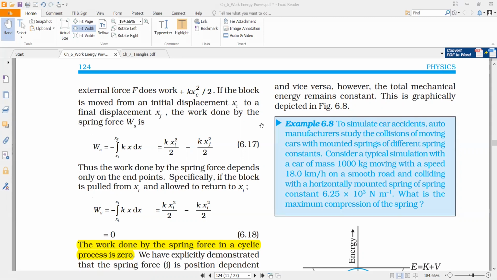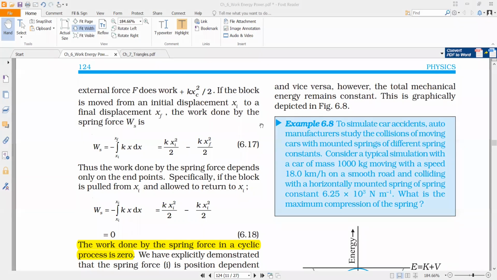So just to simulate such a situation, the bumpers are tested in the factories: springs are loaded, and cars or vehicles are made to hit these springs. How much compression takes place? So these things are evaluated. So such a question is there.